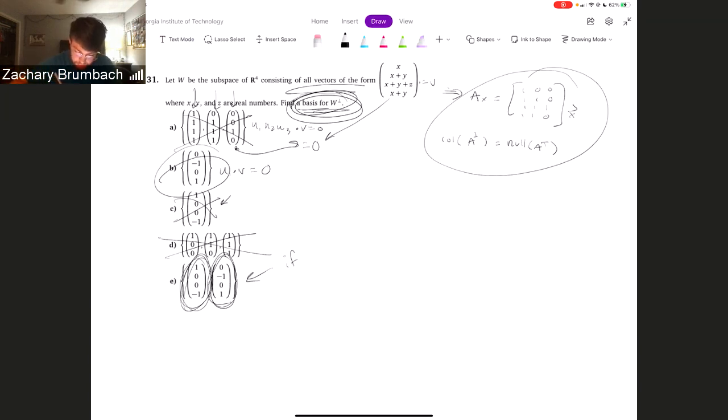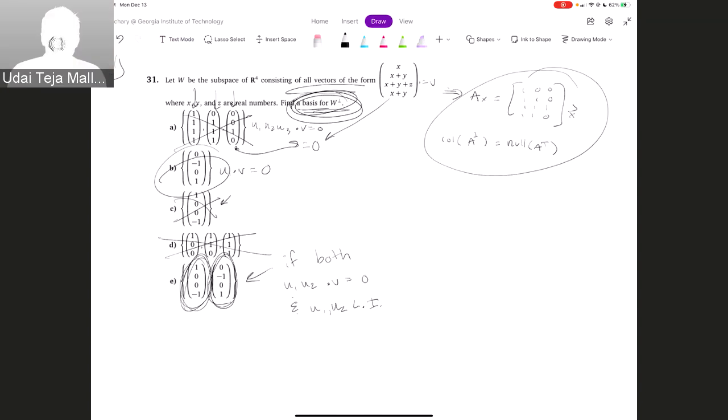If both u1 and u2 dotted with v equal 0, and u1, u2 are linearly independent. So you would dot u1 and u2 separately, and if they both are 0, okay, got it. And they got to be linearly independent, because if they're not, then it's not a basis. Okay, got it. Cool.